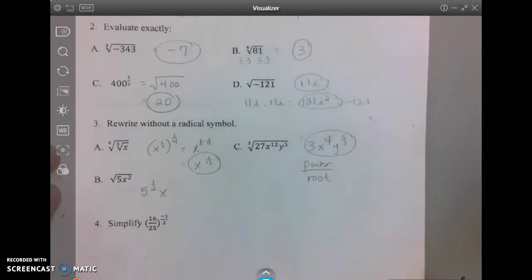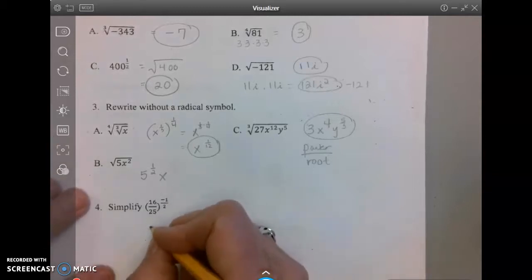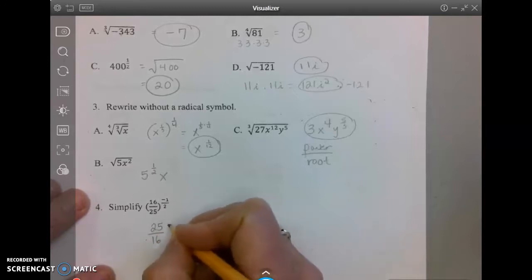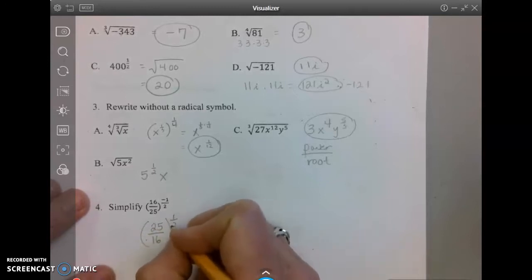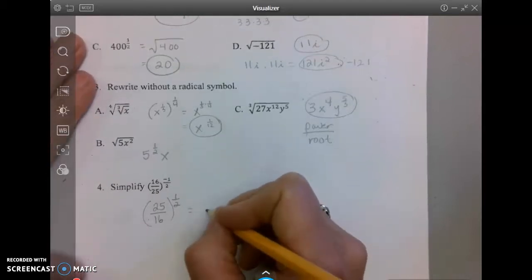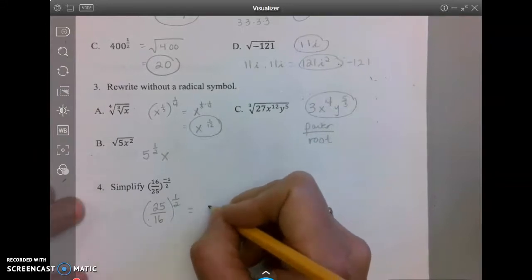All right, let's go down to number 4. 16/25 to the negative 1/2. In order to make my exponent positive, I cross the line and change the sign. So I'm going to bring the 25 to the top and the 16 to the bottom and make it to the positive 1/2, which means, remember, the power of 1/2 means square root.